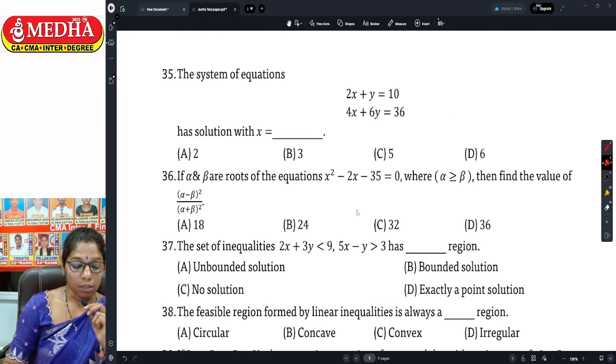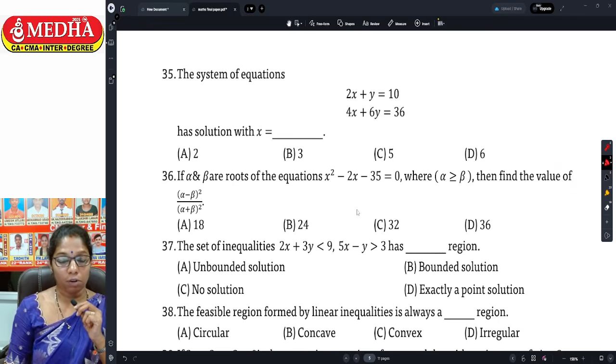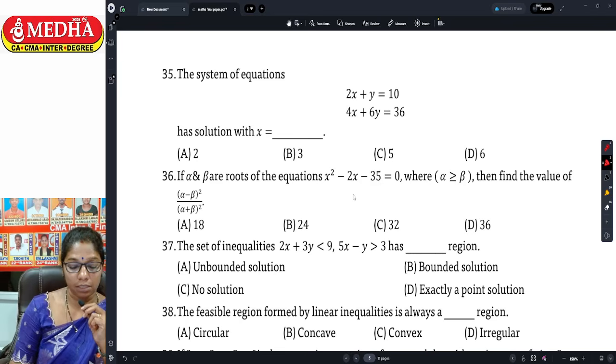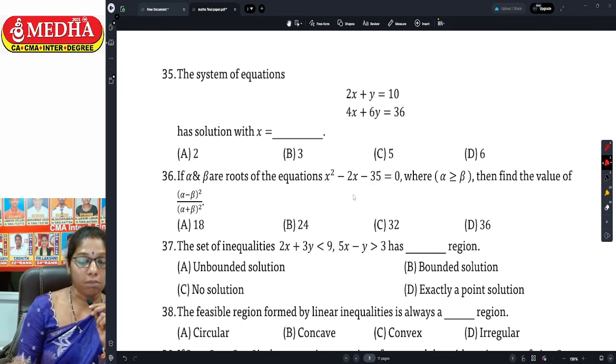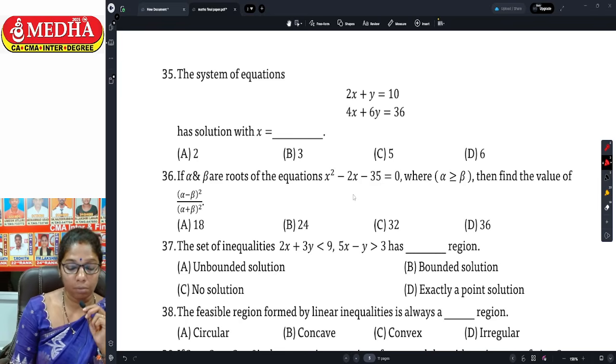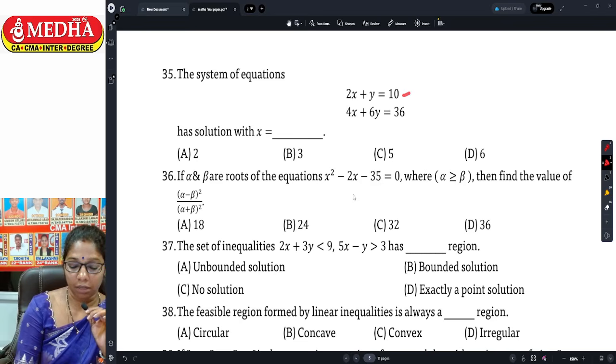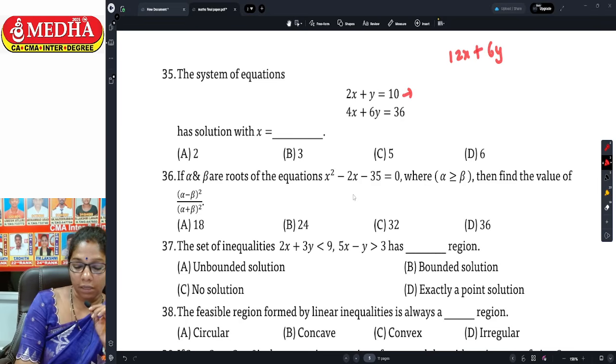Next one, the system of equations 2x plus y equal to 10, 4x plus 6y equal to 36. By solving, they asked to find the x value, so we can eliminate y and x. They asked for x, so let's eliminate y. To eliminate y, here the first equation is multiplied by 6. 6 2s are 12x plus 6y is equal to 6 10s are 60.